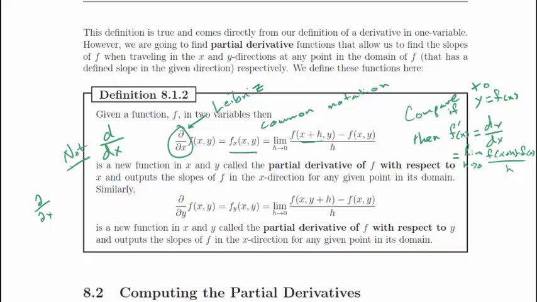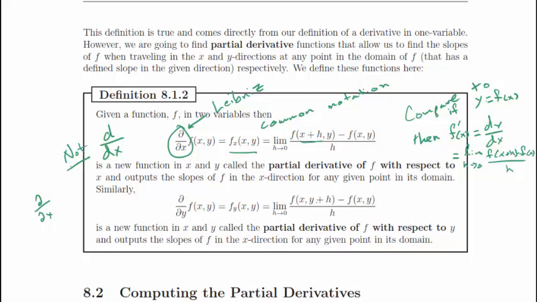So this is a new function in x and y called the partial derivative of f with respect to x, and outputs the slopes of f in the x direction for any given point in its domain. Similarly, we can say that the partial derivative with respect to y of f of x comma y equals f sub y of x comma y, this is the partial derivative of f with respect to y, equals the limit as h goes to 0 of f of x comma y plus h minus f of x comma y all over h.